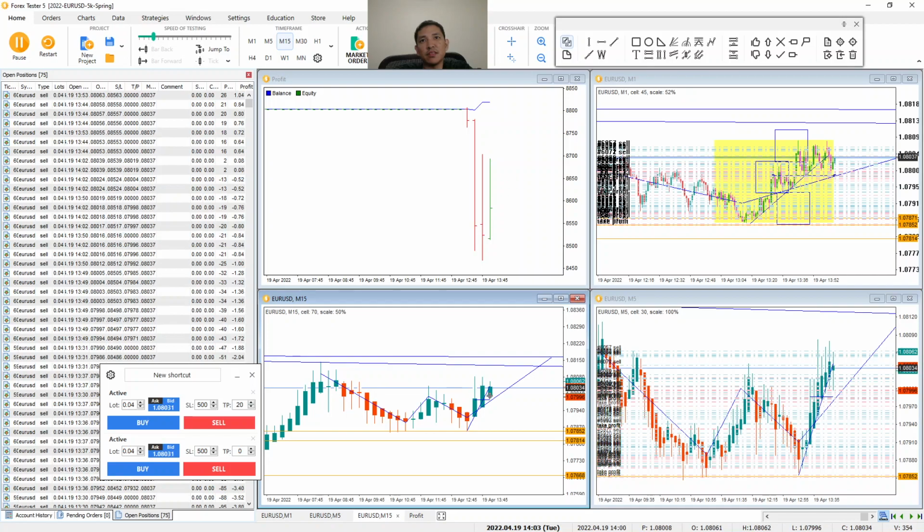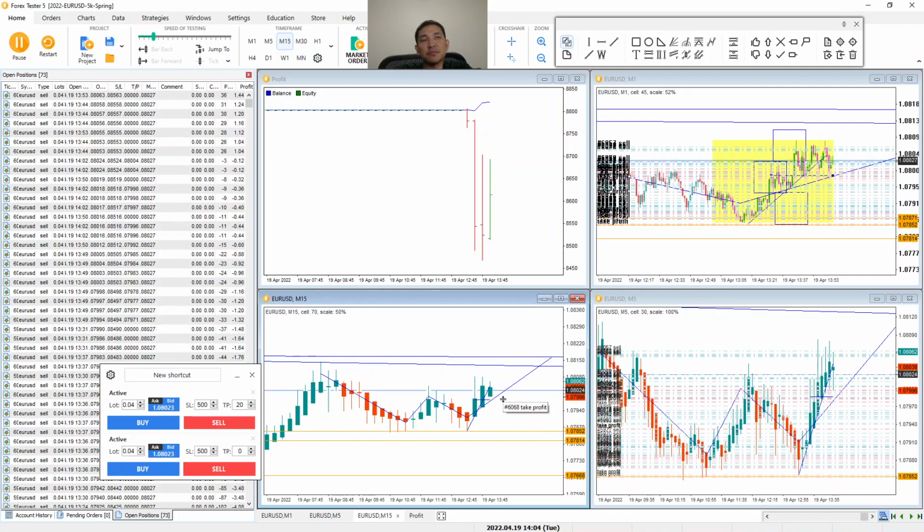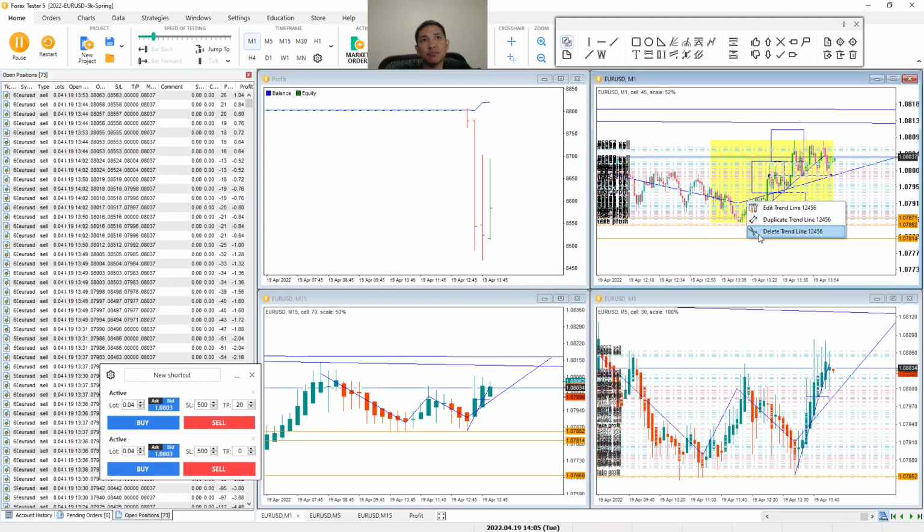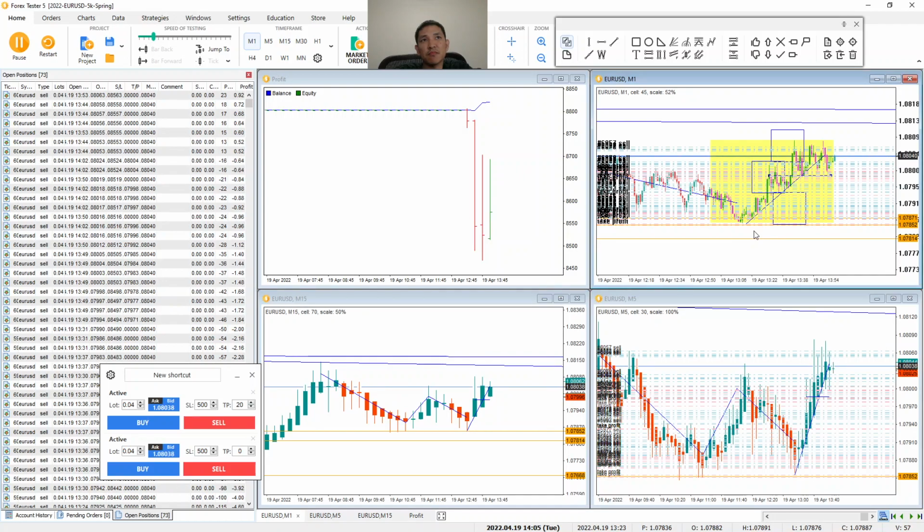On the 15, this is a good sign. If the body is inside like this, could be that reversal coming. Until it breaks this right here, especially this right here, it's not turning down.